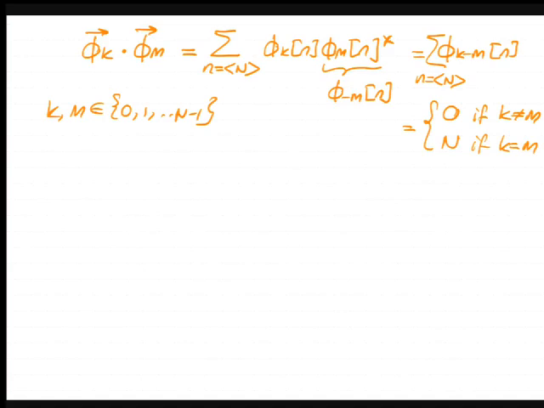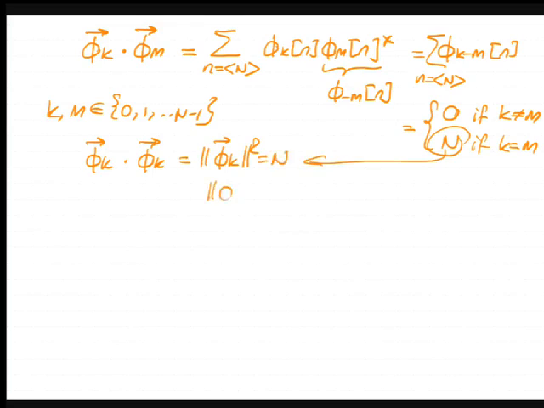And each one has length square root of n, because phi k inner product with itself means the magnitude of phi k squared, right? And I know that that number is equal to n. So each of these basis vectors has the magnitude, the length of square root of n.